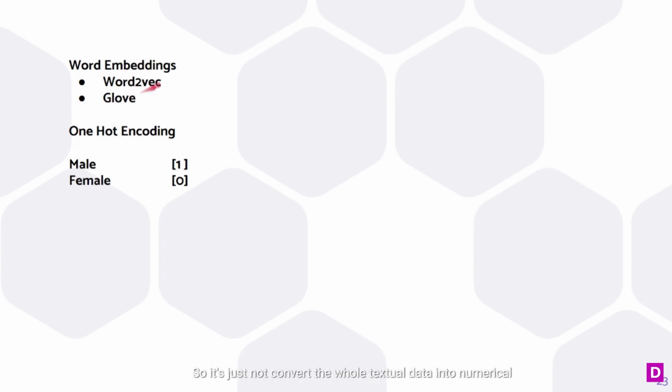It doesn't just convert the textual data into numerical form, but it also tries to capture the hidden semantics, syntax, and the relationship between each and every word before converting it to numerical form. So it has its own abstract way of converting the textual data into numerical form.